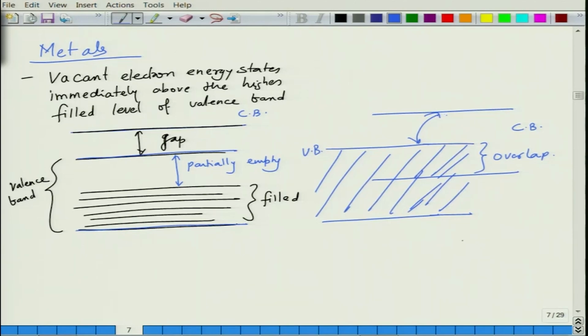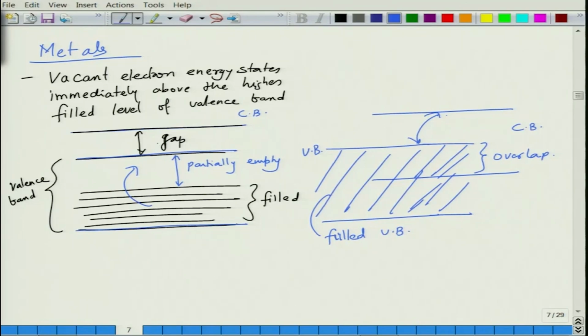So essentially in this case, when electrons acquire velocity, they move into extra available states which are empty states. In the second case the valence band is completely full, but there is an overlap with the conduction band which allows the electron to go to states available in the conduction band, because there is no forbidden gap.